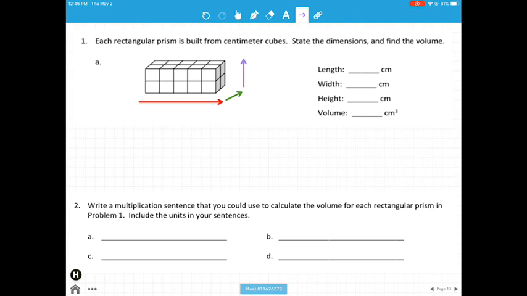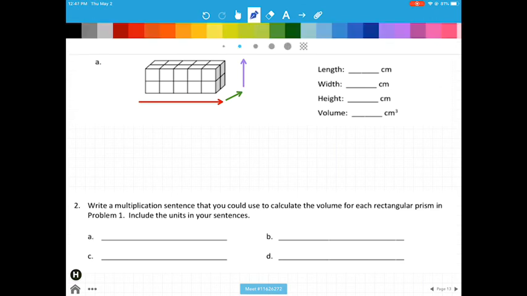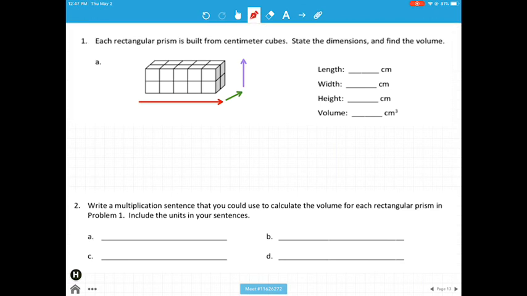So let's go ahead and start by doing our measurements, our length, width, height, and volume. Then we can figure out our volume. Let's start off with going across. There are 1, 2, 3, 4, 5 centimeters. I'm just talking about this line here. Each line is 1 centimeter.